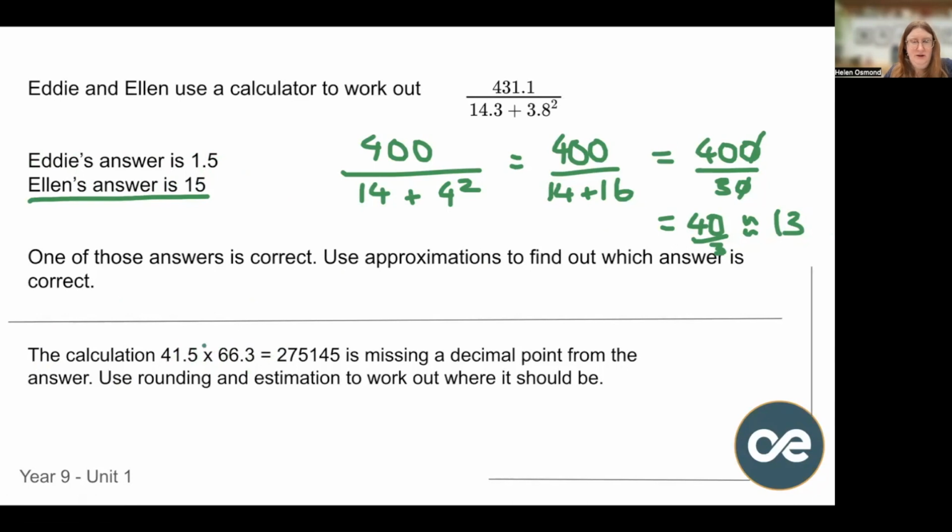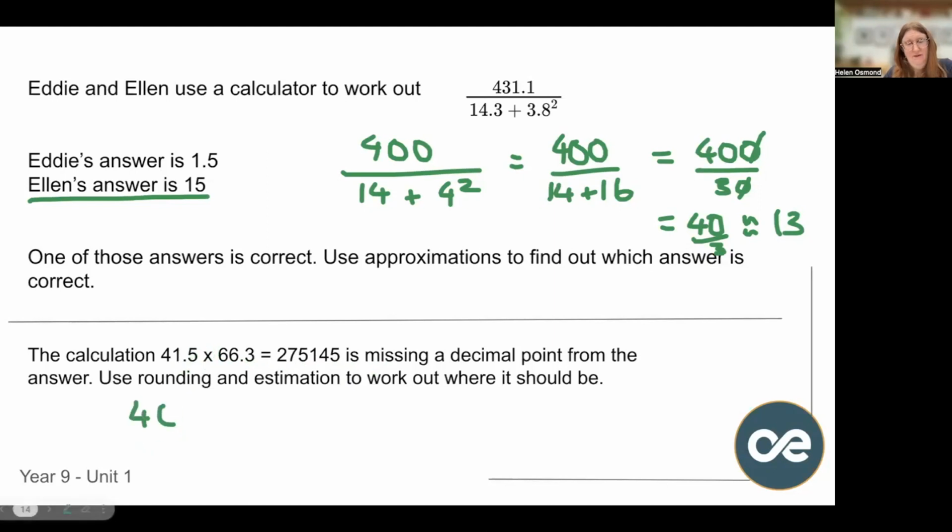Okay, and use approximations similarly for the next one. Sorry, let's read that again. The calculation 41.5 times 66.3 is equal to this number, but it's missing a decimal place from the answer. Use rounding and estimation to work out what it should be.